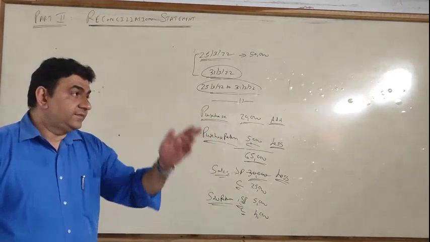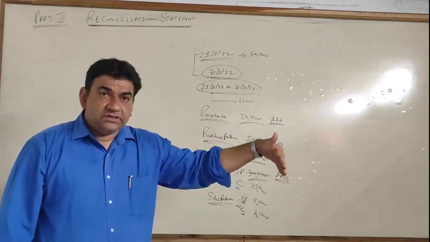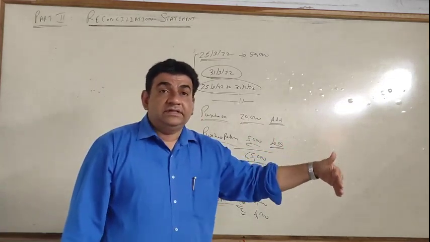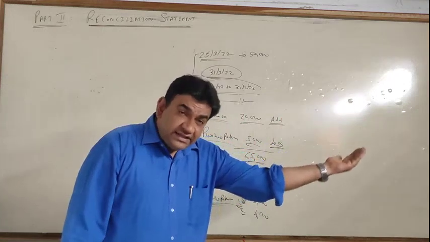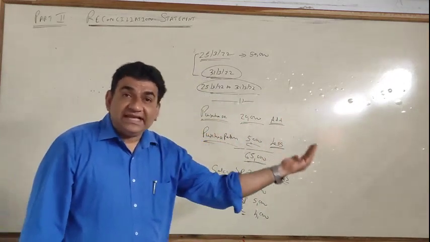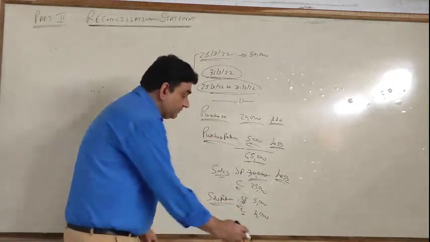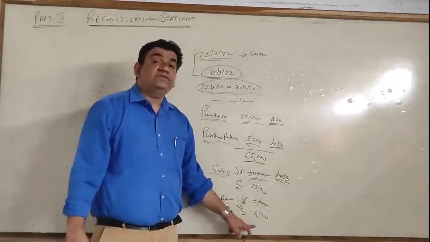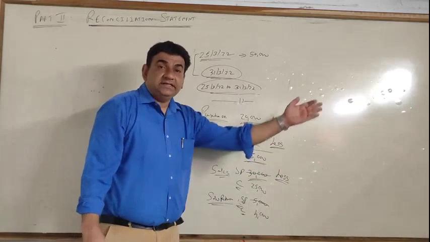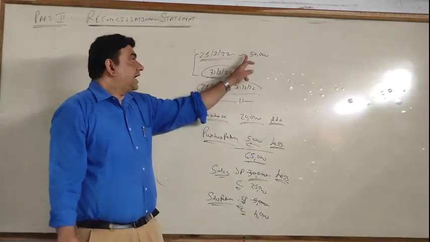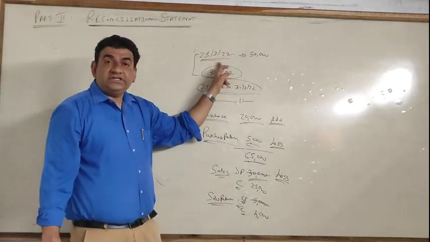Very simple. I sold goods. Goods went out. Now the customer is returning the goods back to me. So can I say it is coming in? So this 4,000, not the selling price, this 4,000, which is the cost of sales return, is coming back. I took the stock on 25th March.